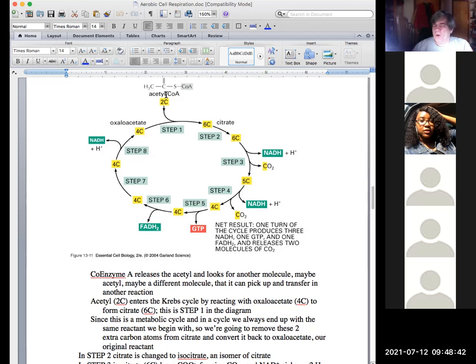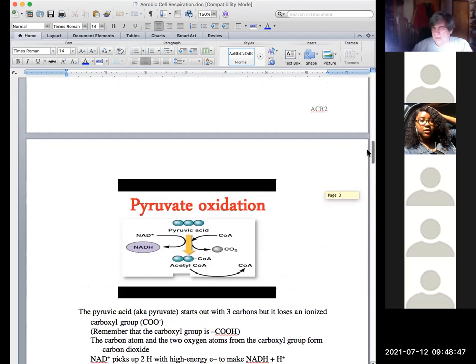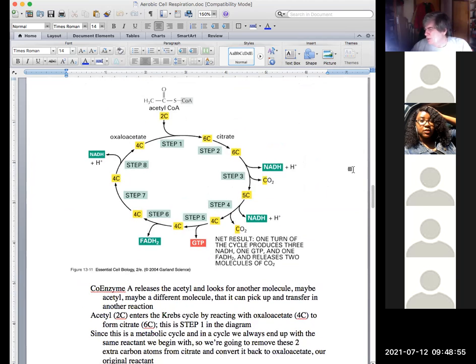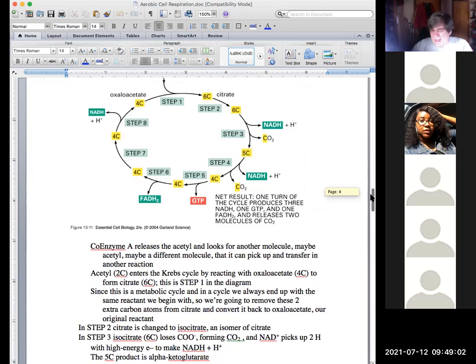Now this is for one acetyl, but remember we have 2 pyruvates, we have 2 acetyls. So all of this really happens twice as we go through the Krebs cycle. So we want to keep that in mind.